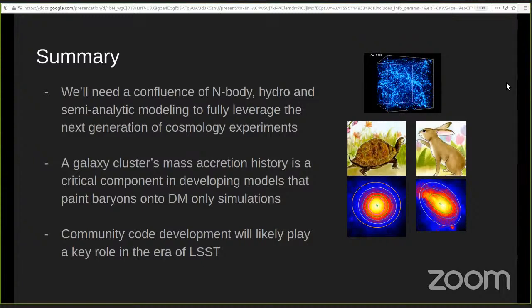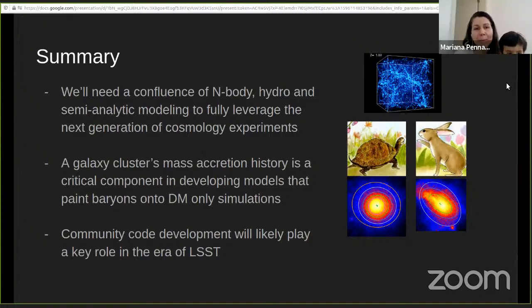Oh, thank you. Camille, when we paint the dark matter halos with baryon information, for example, when we include a pressure profile or any other description, we let it evolve.